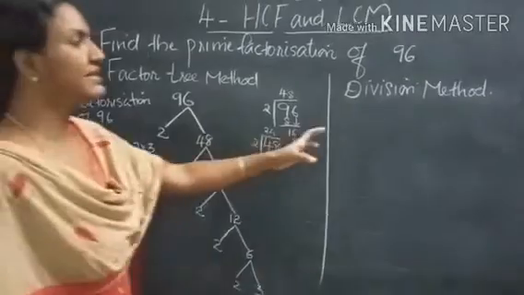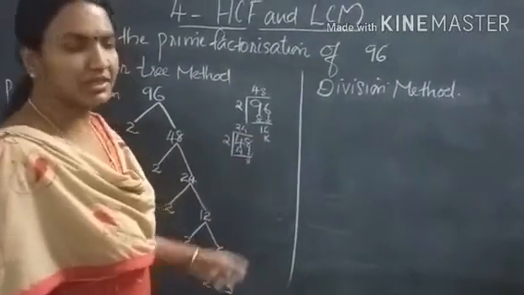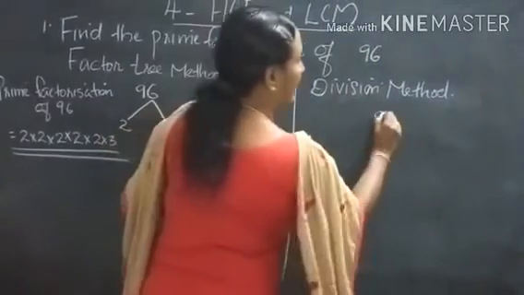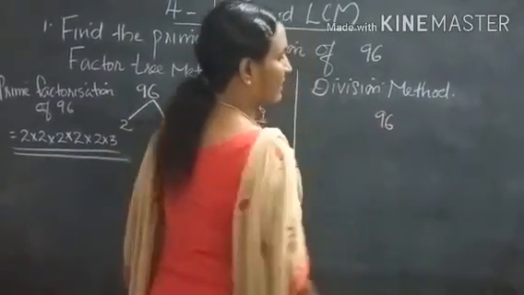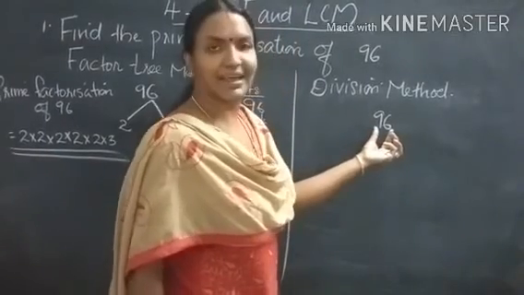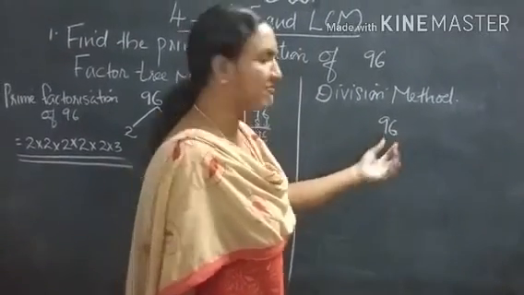The next method is the division method. Division method means write 96 as the product of prime factors.